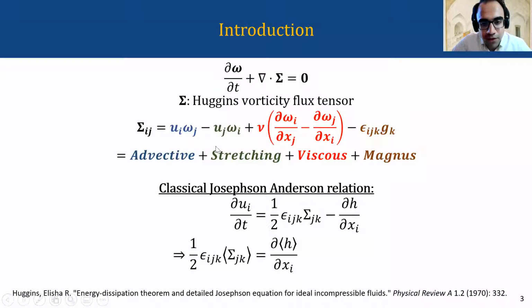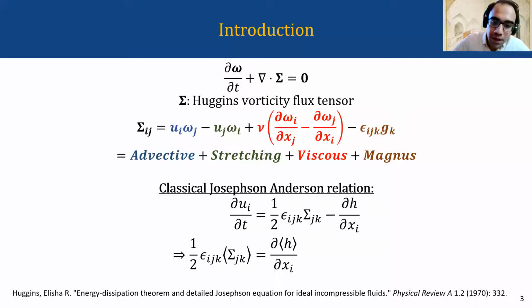Which is clear if you look at the Helmholtz equation, the vorticity equation, and you have the same terms: you have this advective term, then this is the vortex stretching and bending, which is so important for turbulence. You have this viscous dissipation, and then you also have this effect of the non-conservative Magnus force, which might possibly come from something like polymers in the flow.